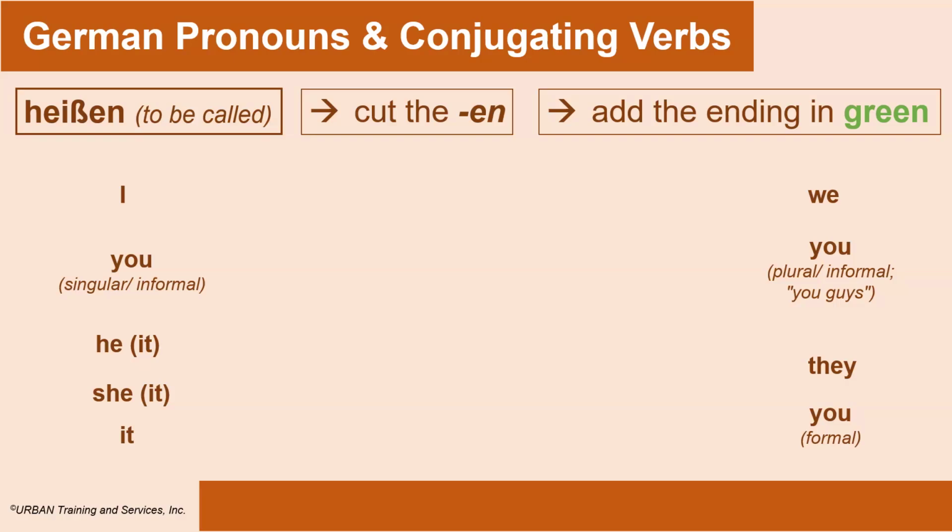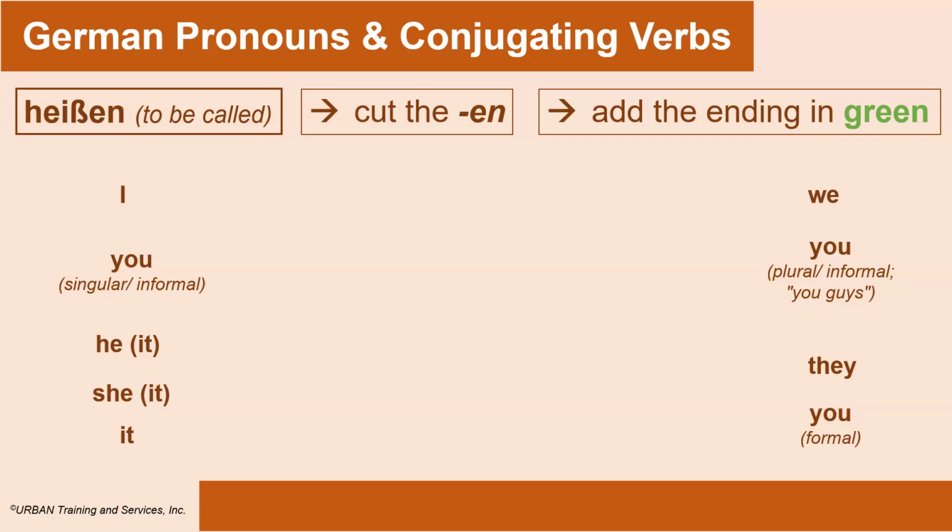You talk to a group of people, but you're familiar with them. And the last one that means they doubles with the formal you. So this is a bit different from the I, you, he, she, it, we, you, they you have in English. Just a little bit different, but we can use the English structure to look at German verb conjugation.